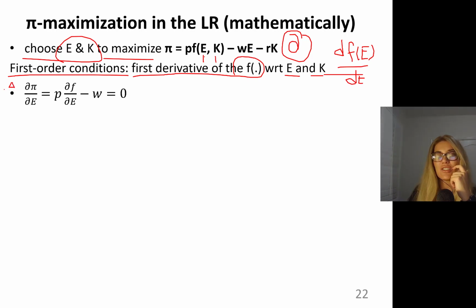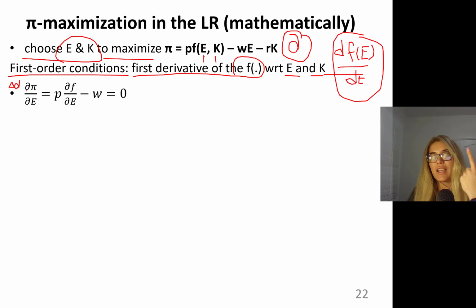This was discrete change, right, 1 unit change. We use D if we had one variable that we are choosing, endogenous variable. And then we're going to use this delta, same thing, because we have more than one variable. We have E and K, okay? Delta pi with respect to delta E, okay?